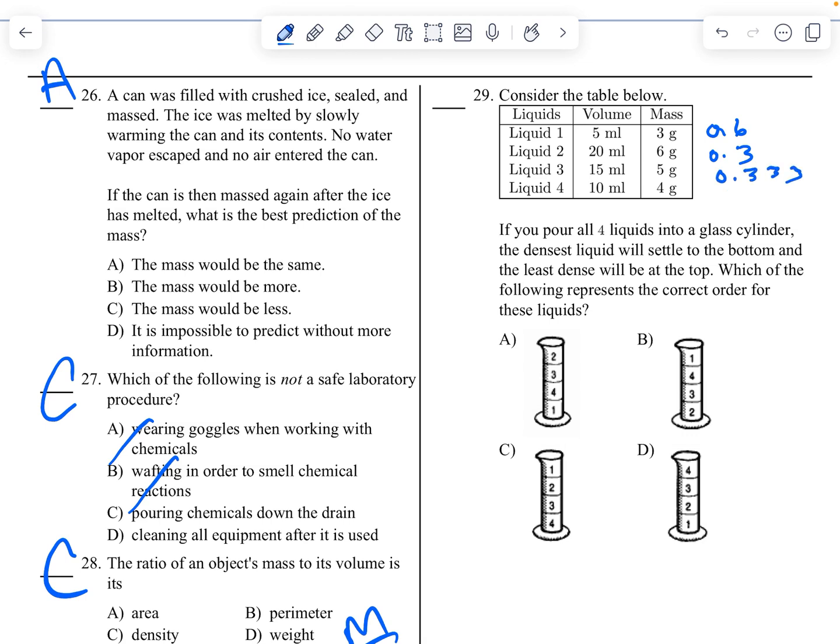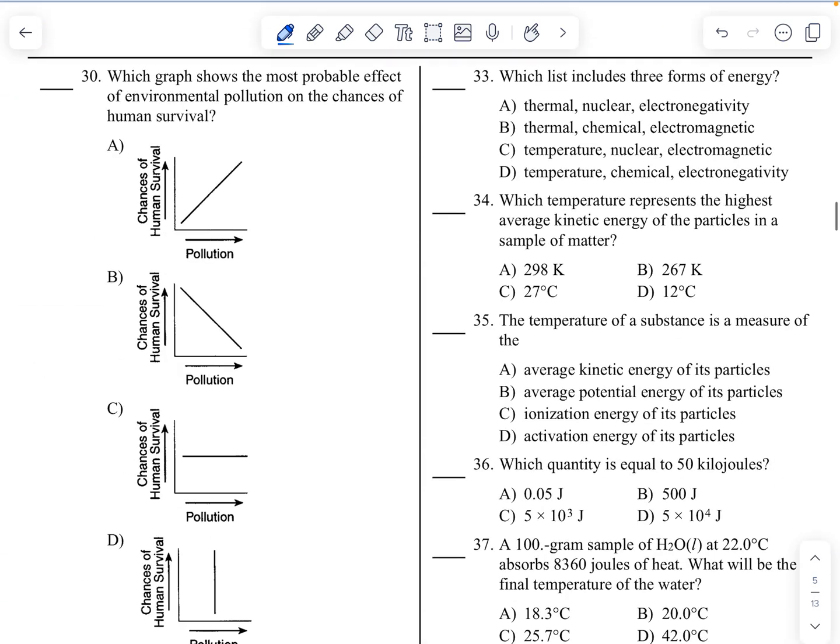And 4 divided by 10 is 0.4. So the most dense is liquid 1, and then 0.4 is liquid 4. So 1 is at the bottom, then 4. So there we go. All right.